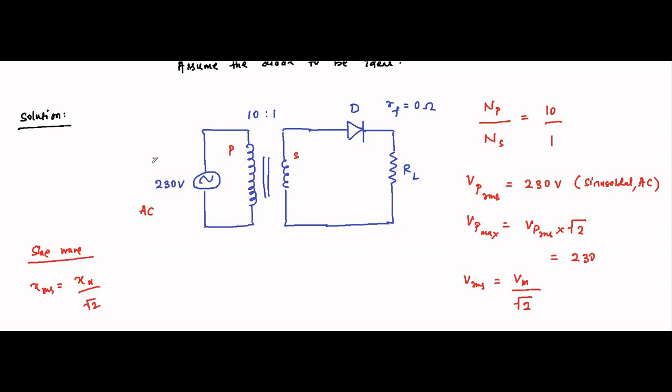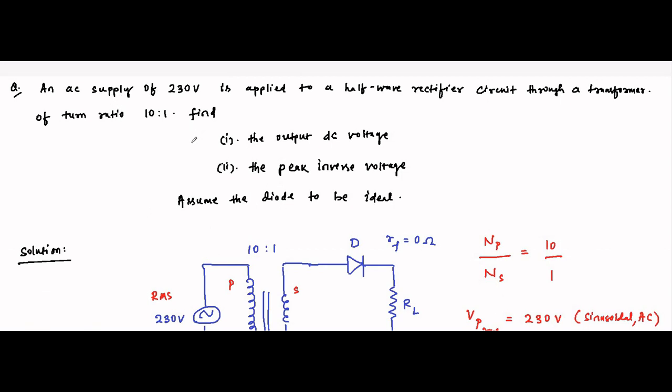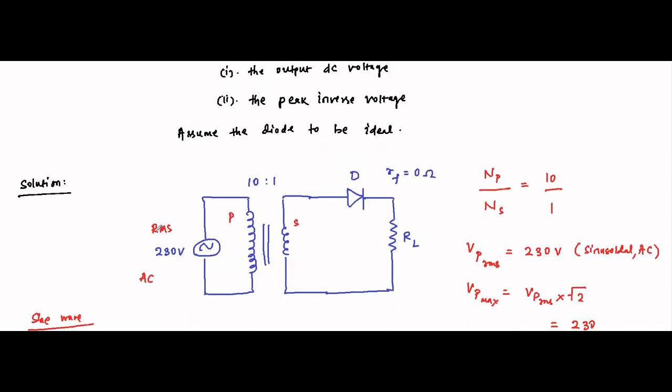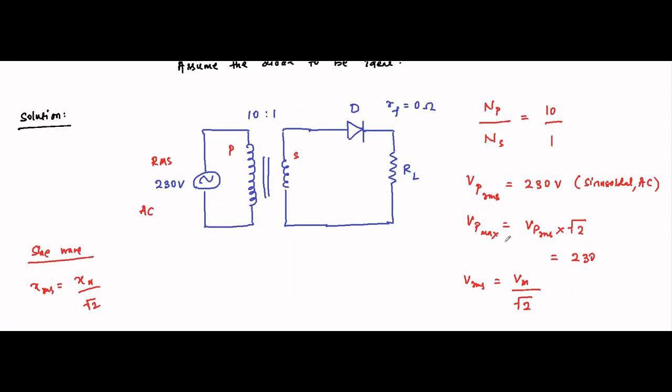Always remember, when it is given 230 volt, connected to an AC supply of 230 volt or any value, it is always the RMS value, root mean square value. So Vp max is 230 into root 2, that is equal to 325.3 volt. That is the maximum value of the primary winding voltage.